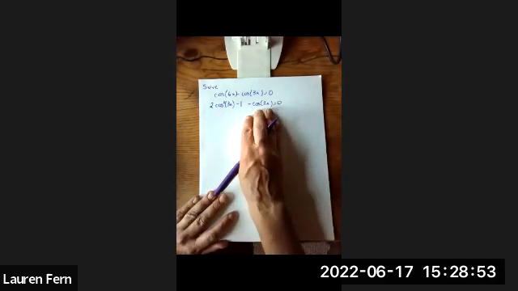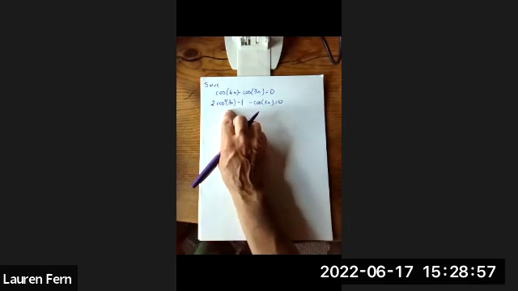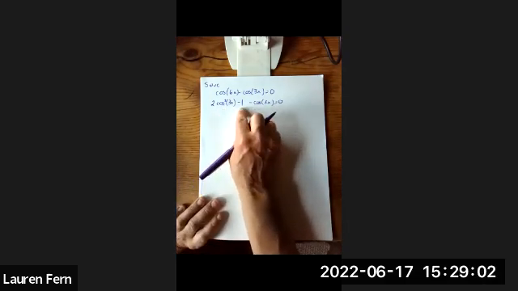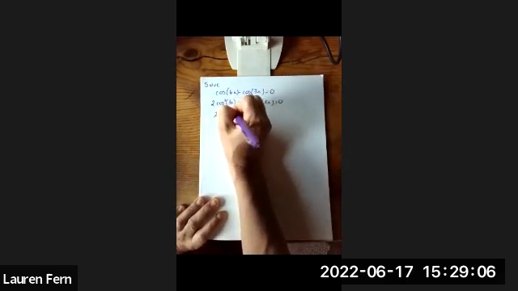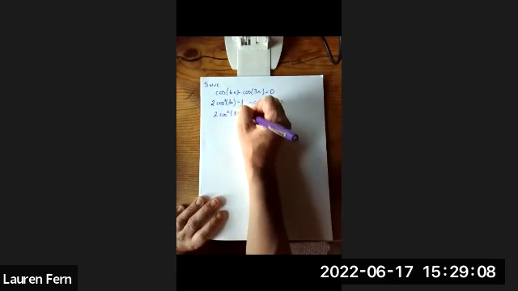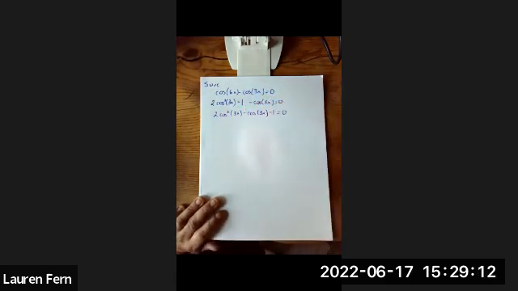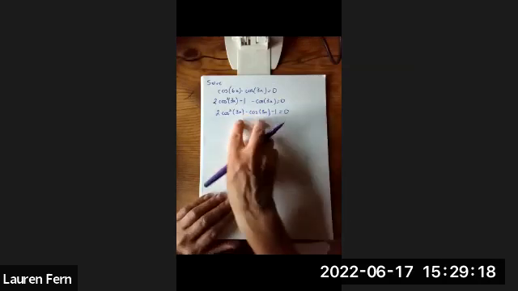If it takes you a moment to look at this, remember, all I'm doing is I'm using my double angle formula here, okay? So now I'm just going to rewrite this as 2 cosine squared of 3x minus cosine of 3x minus 1 equals 0.